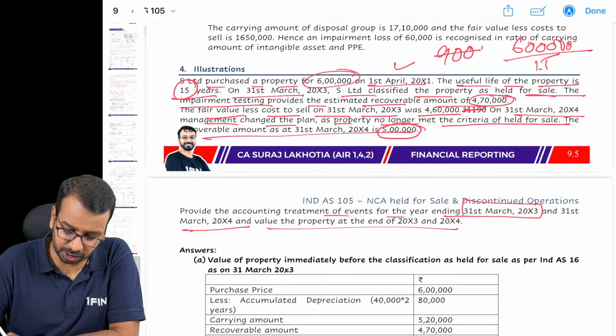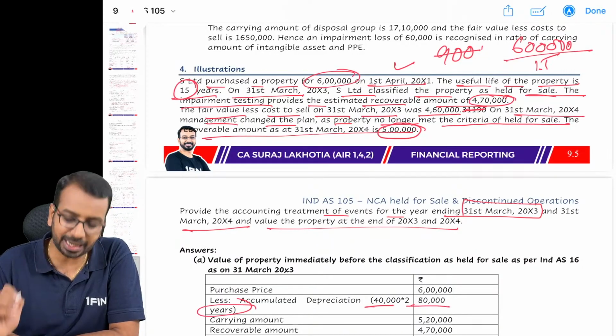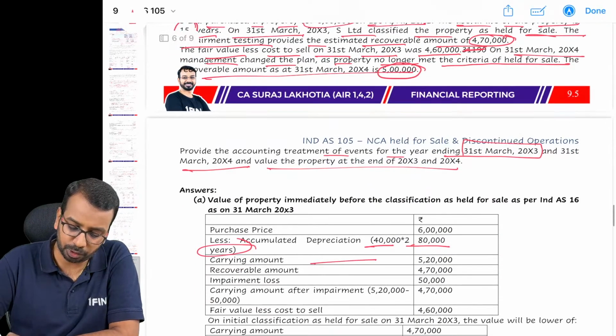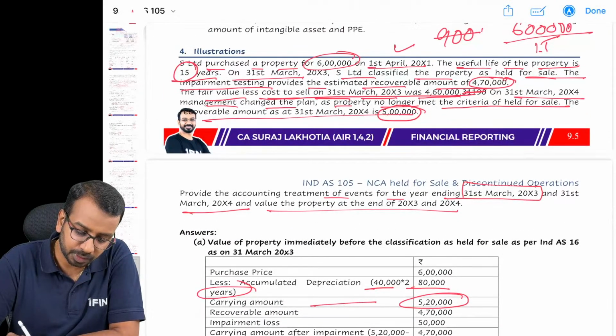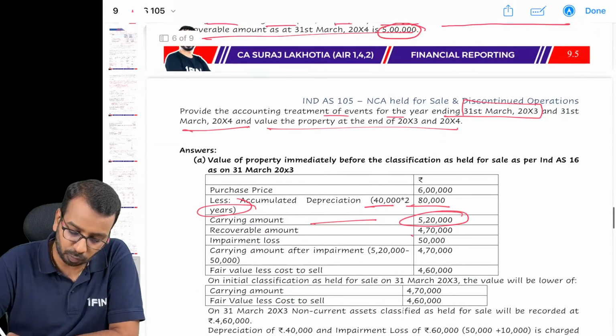Every year the depreciation is 40,000. For 2 years we will get 80,000. So what will be the carrying amount? 5 lakhs 20,000. Then the recoverable amount as per Ind AS 36 is 4 lakhs 70,000.